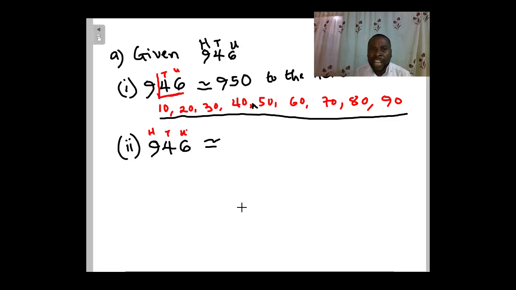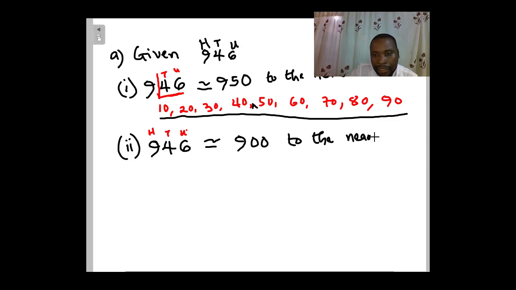That is 54 steps from 946 to 1000. And since it is 54 steps, it is closer to 900 than it is to 1000. So I am going to choose that. 946 is closer to 900 than to 1000.